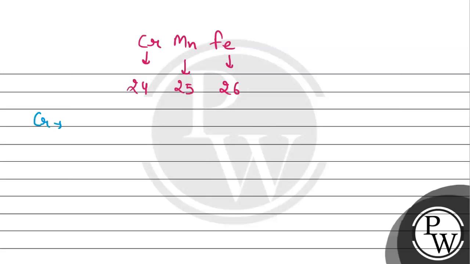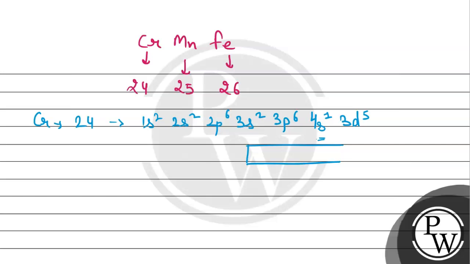Chromium has the atomic number of 24 and the number of electrons present are 24 only. When we write the electronic configuration for chromium, that is 1s2, 2s2, 2p6, 3s2, 3p6, and here it is 4s1 and 3d5. Generally it should have been 4s2 and 3d4, but because one electron transfers from the s orbital to the d orbital so that it could get the highly stable half filled electronic configuration state.